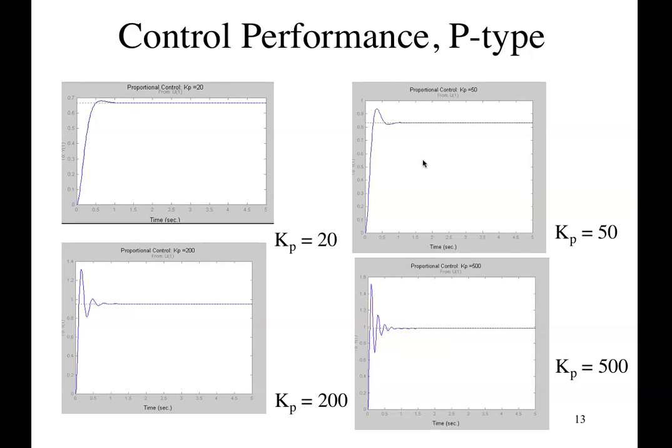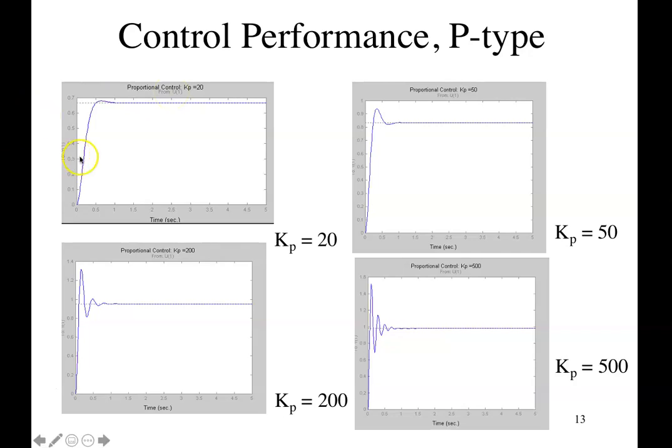Now note that I have different scales for the y-axis. The x-axis is the same for all four, from 0 to 5 seconds. But for this first one, the y-axis goes from 0 to 0.7. So you can see there, although my input is 1, my output doesn't quite get to 1. It gets to just under 0.7. So the steady state error is actually more than 0.3.